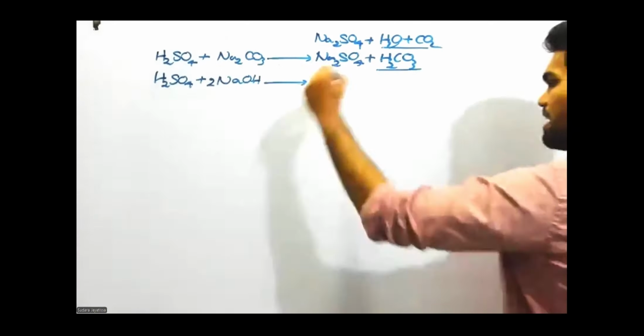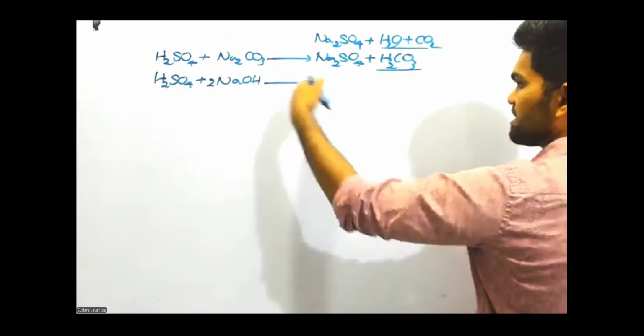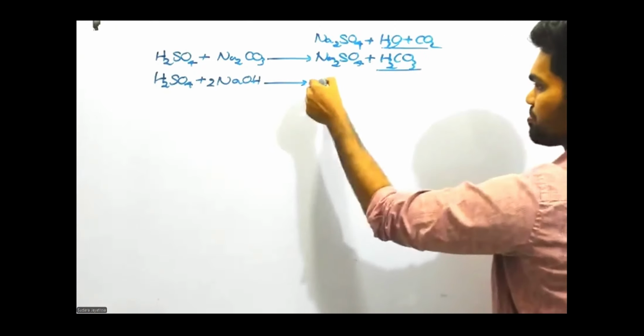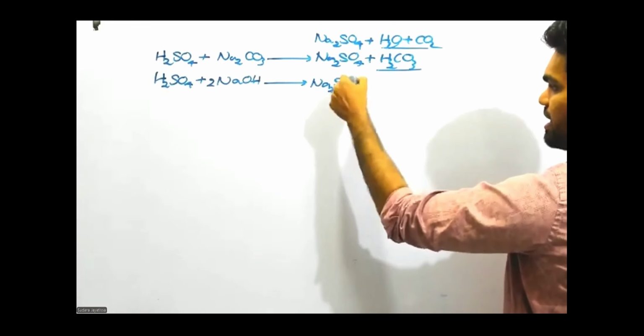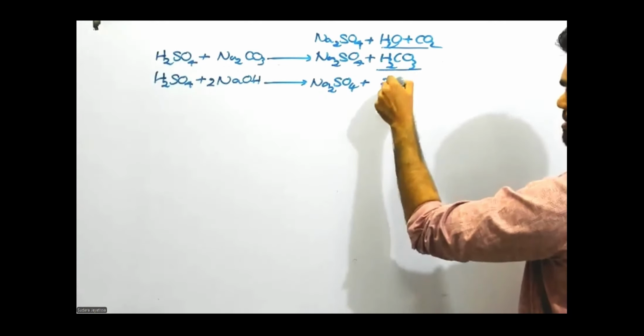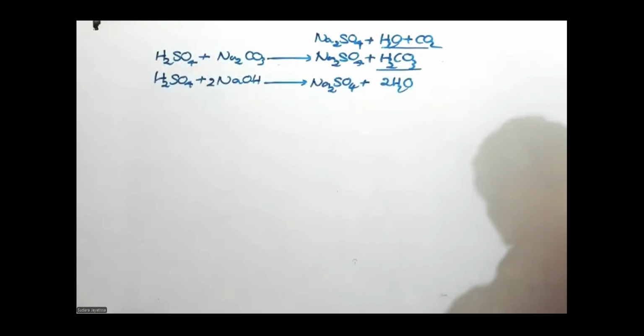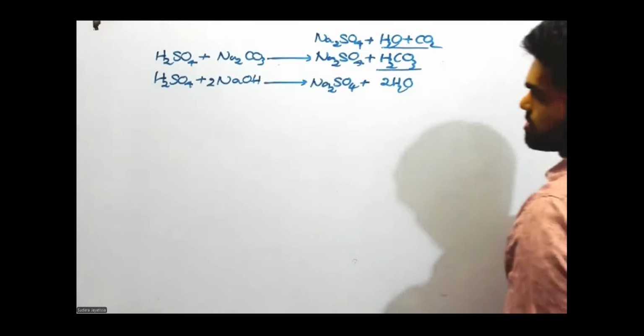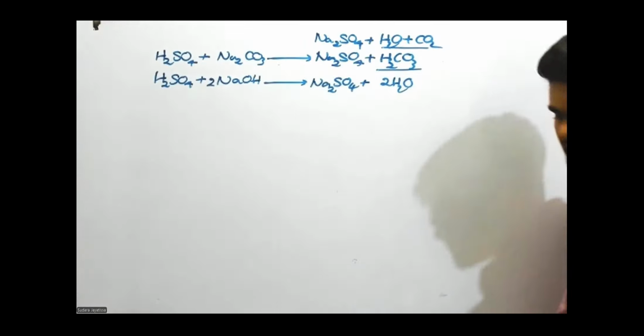And here you know the product already. This we discussed under our calculation theory. So sodium sulfate 10 hydrate and water is formed. Those are the reactions, right?